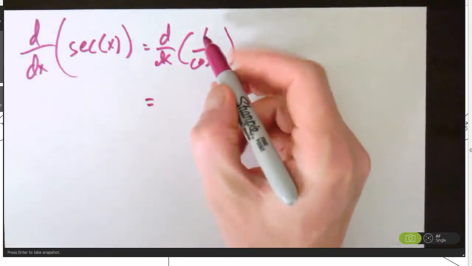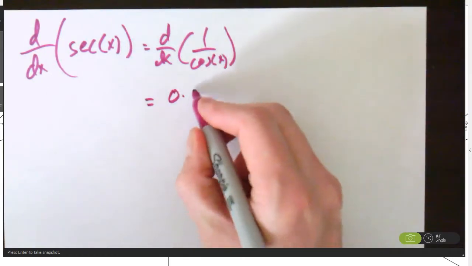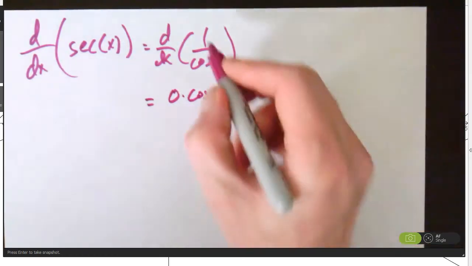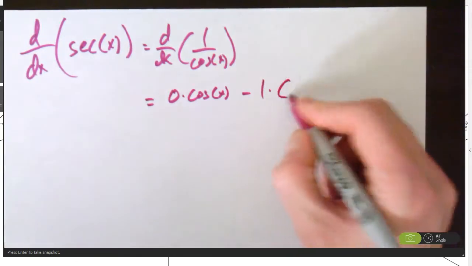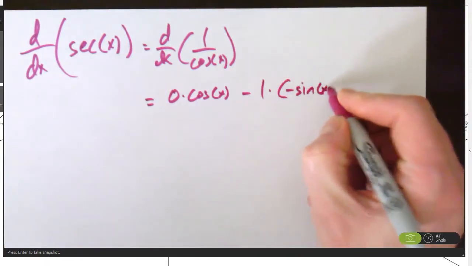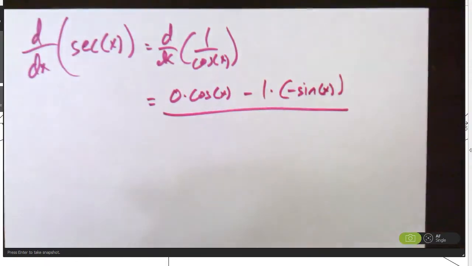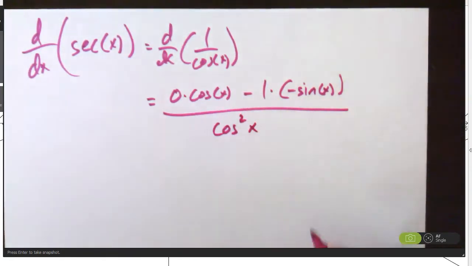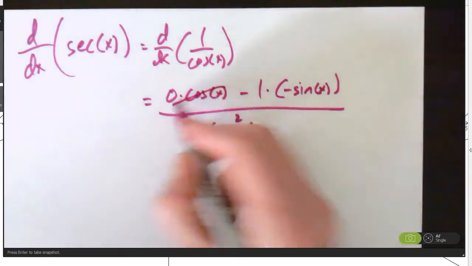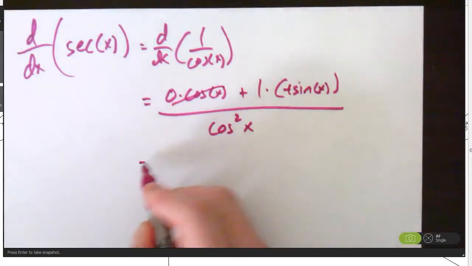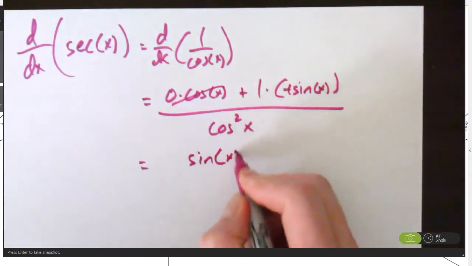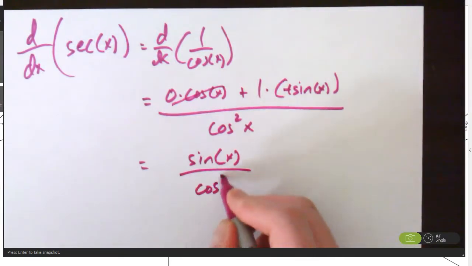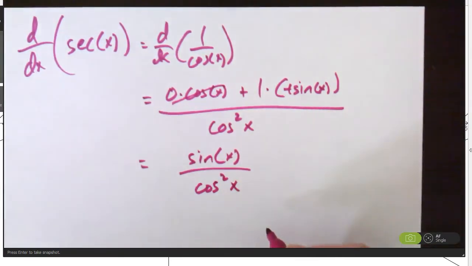So the derivative of the top is 0 times the denominator, minus the top times the derivative of the denominator. And again, the derivative of cosine is negative sine x, over the denominator squared, which is cosine squared x. That cancels, the negative drops off, and I get sine of x over cosine squared x.